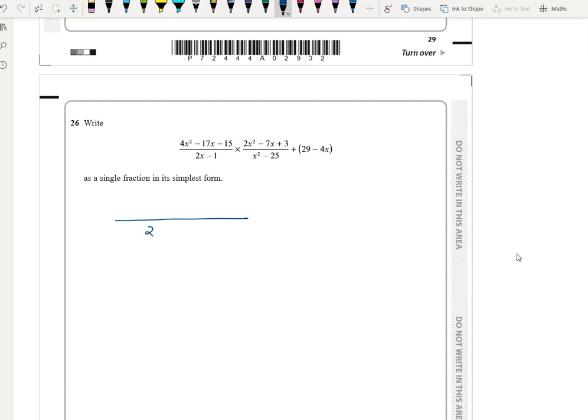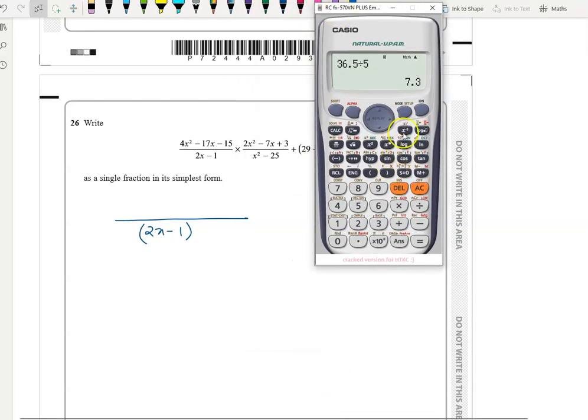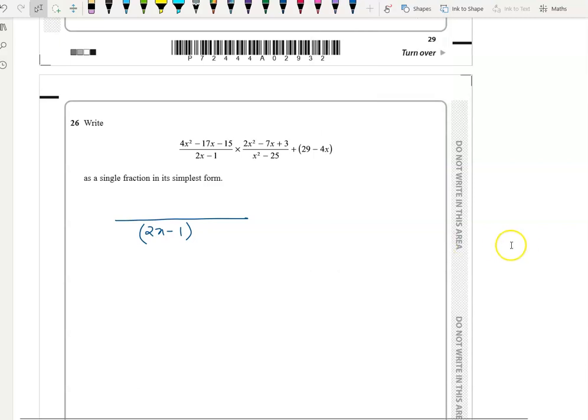Denominator 2x minus 1 will stay the same. Let's factorize the numerator. So go to mode 5.3. We have to enter the coefficients 4, minus 17 and minus 15. Whatever answer you get, you have to take the opposite sign. So you have 5 and minus 3 by 4.